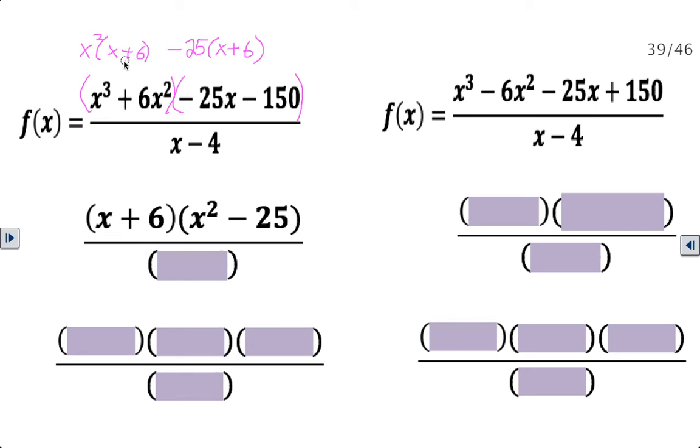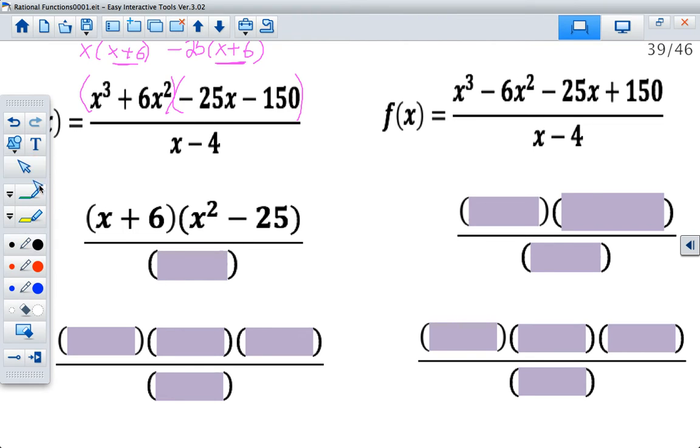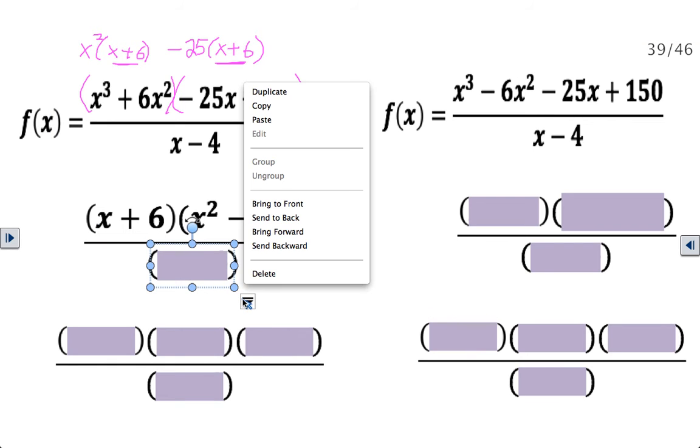Notice that this factor is equal to this factor. So on both of these terms, I can factor out an x plus 6, and I'm left with the factors x plus 6 times x squared minus 25. Now in your denominator, you're just stuck with x minus 4.